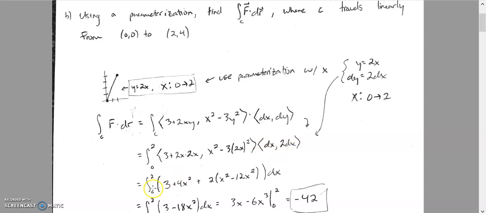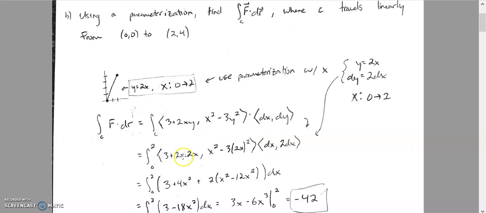So the next thing that I do is my dot product. I looked at this, and this was a 2x times 2x, which gave me my 4x squared. This is my 3 right here.